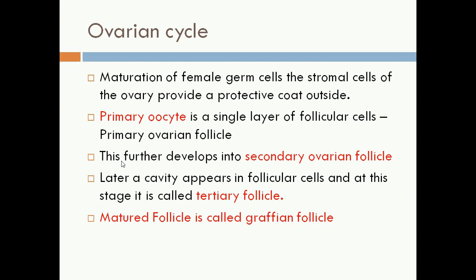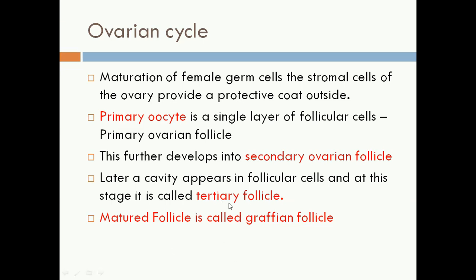Later, a cavity tends to appear within the secondary ovarian follicle, and that cavity is also dividing the cells into two layers, an outer layer and an inner layer. So the cavity appears, and it has outer follicular cells, and at this stage it is called the tertiary follicle. The secondary follicle now has undergone cell divisions and has reached the third stage, what we call the tertiary follicular stage.